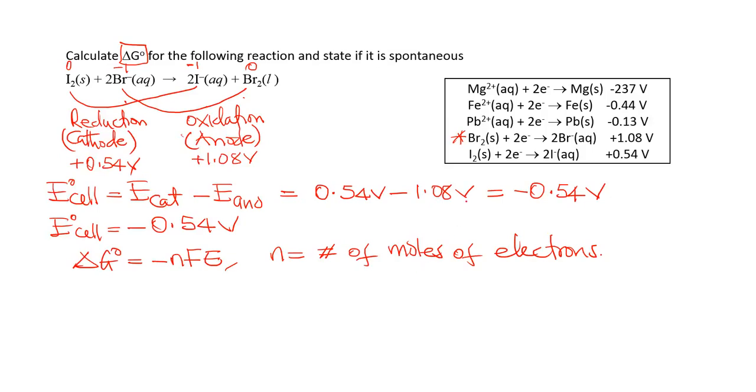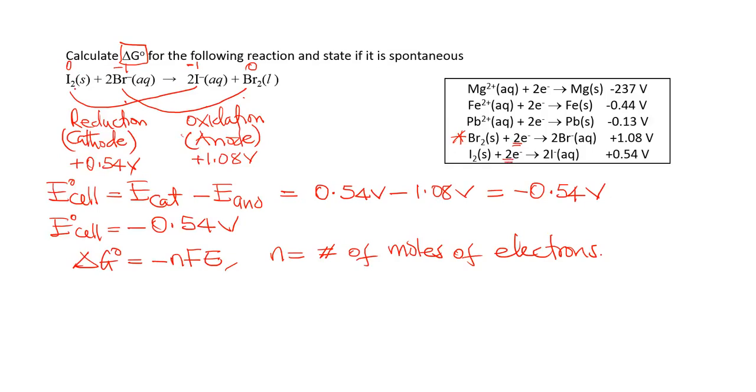So in this case, first you need to get to the half reactions here. So in this half reaction, we see that we have 2 electrons being transferred here. In this half reaction, the same thing, 2 electrons being transferred.